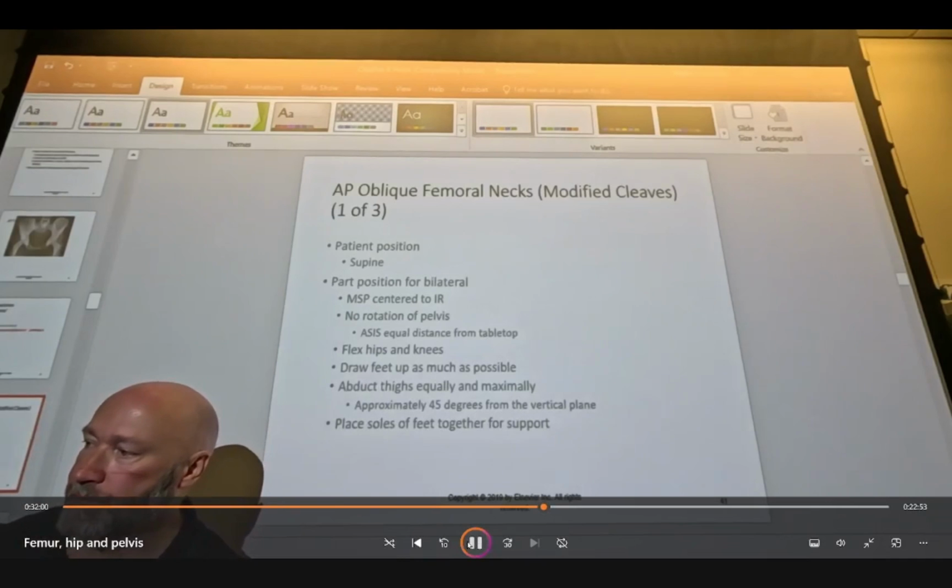Now we'll pause this here for a second and explain something. Okay, so the patient comes to you and they're already rotated up towards one side. Sometimes it's best to go ahead and shoot that as a lateral and get a look at that, maybe show it to a radiologist and see if they have any consideration or concerns that the patient has a fracture.